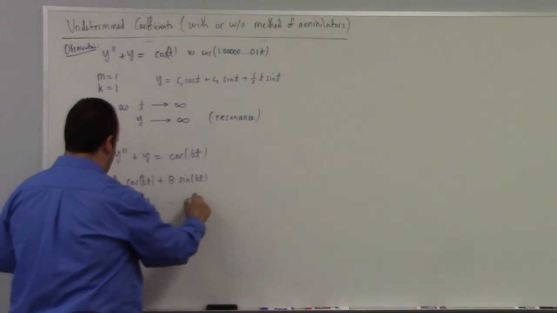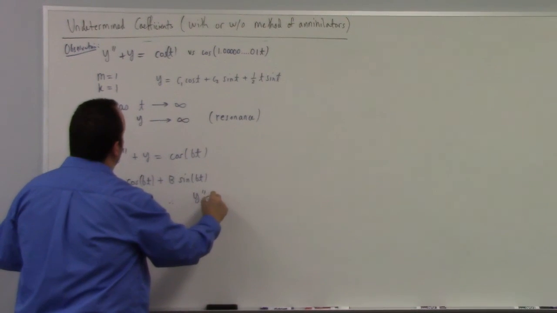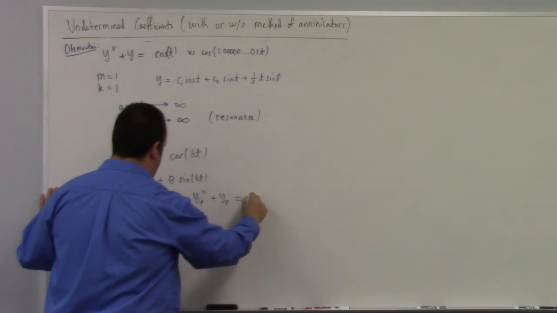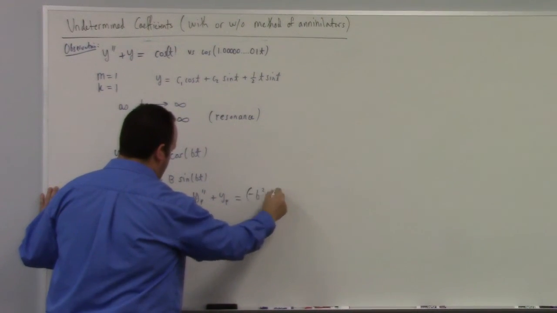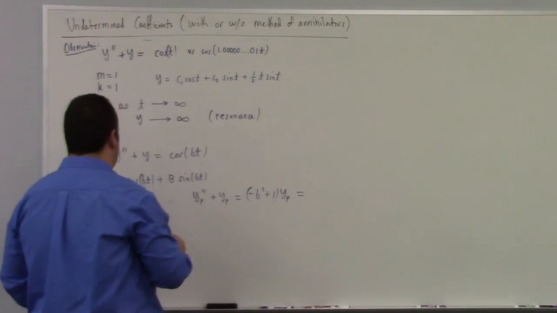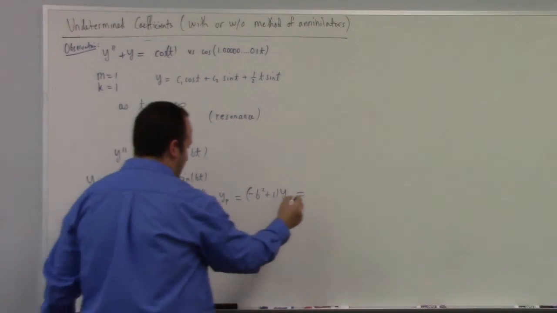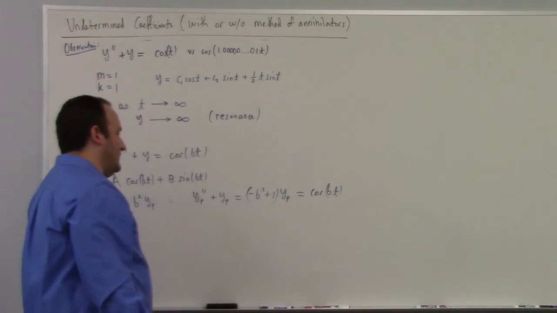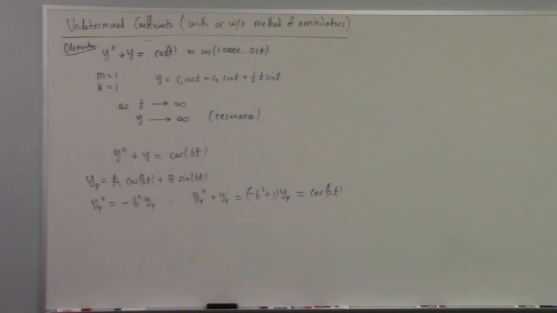So therefore, yp'' + yp is equal to (minus b squared plus 1) times yp, which is equal to cosine bt. And you can even see there, something funny goes on with b equals 1, right? As you look at this parameter.